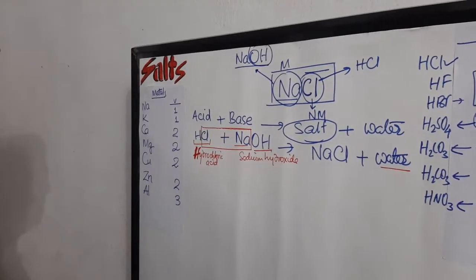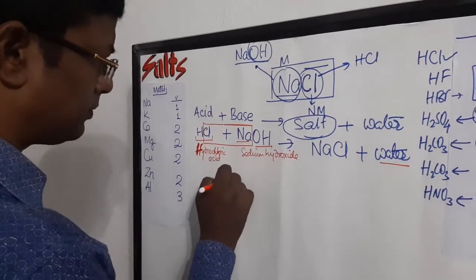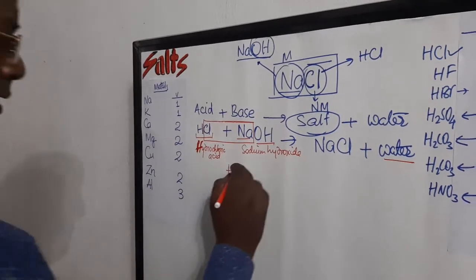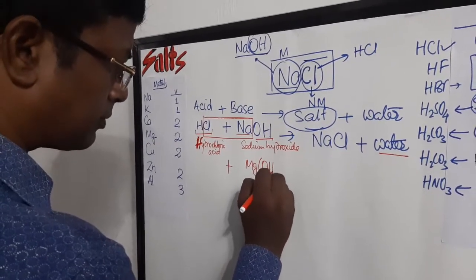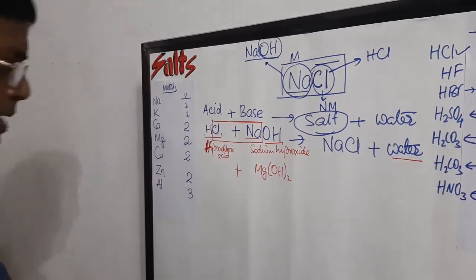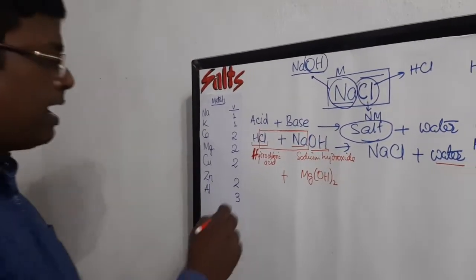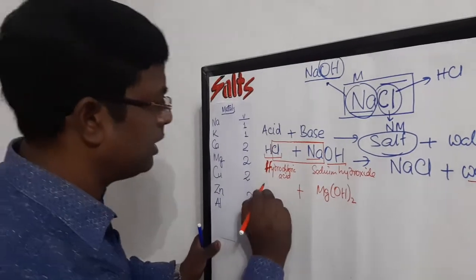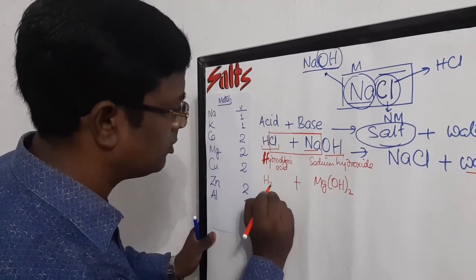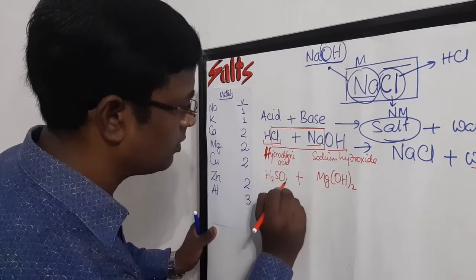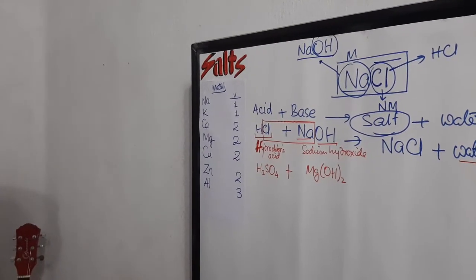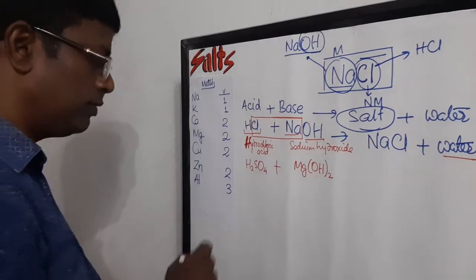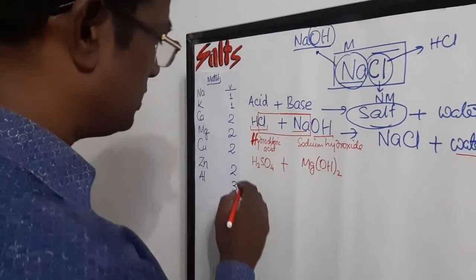Let's take another reaction, another base. Let's take magnesium hydroxide and sulfuric acid. What do we obtain here? We obtain magnesium sulfate.